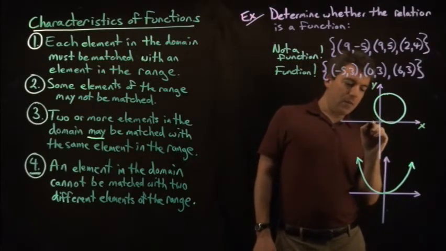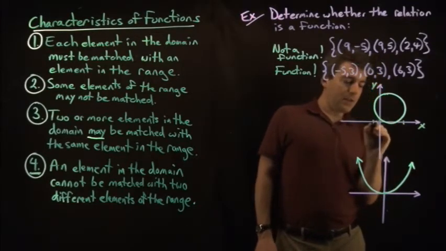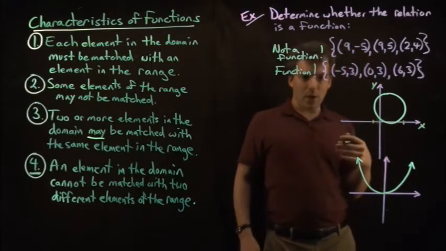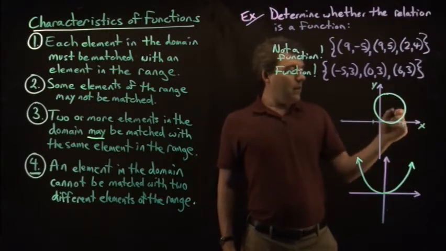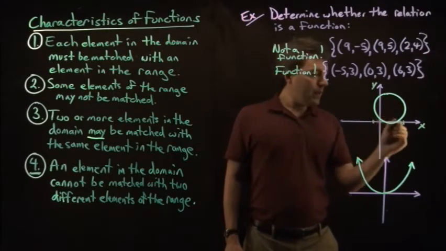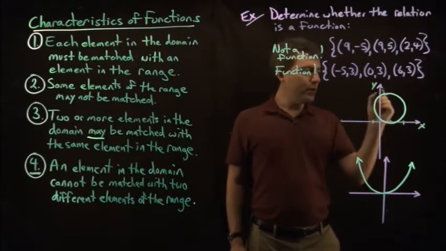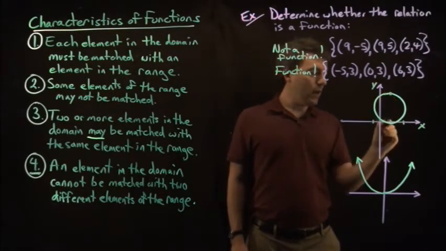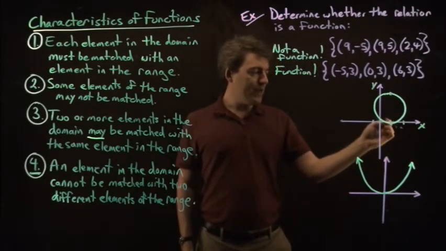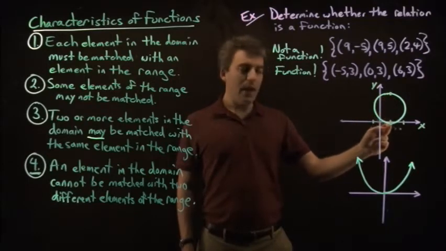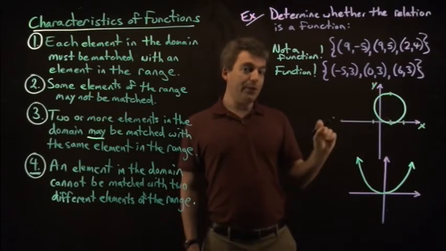It starts about here and goes out to around here. So for these x values, there is a corresponding y. But for some of them, say this x value right here, we can see that there are 2 outputs that correspond to it, one right here, one right here. So this x value has 2 output values associated with it. That means that this relation is not a function.